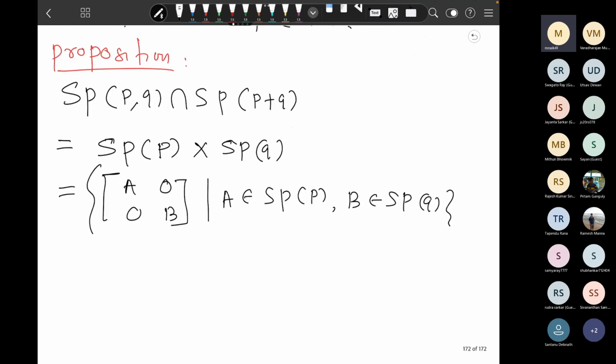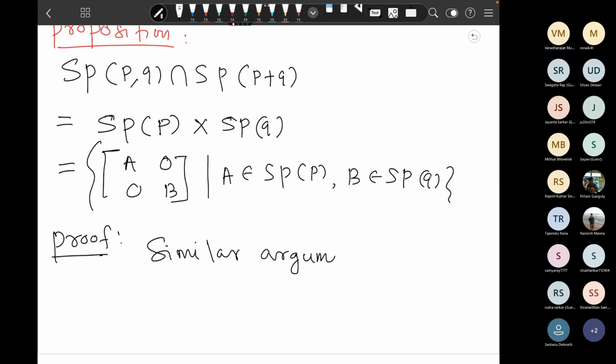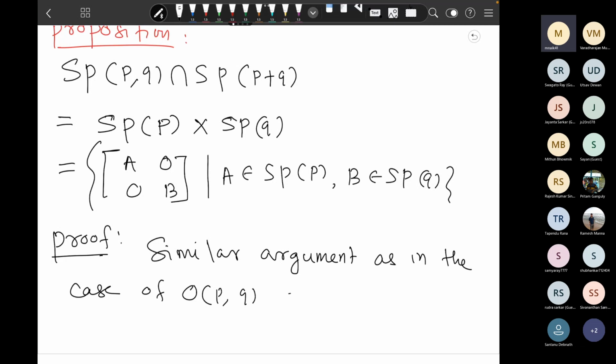So the proof argument is exactly similar, a similar argument as in the case of O(P,Q) or U(P,Q).